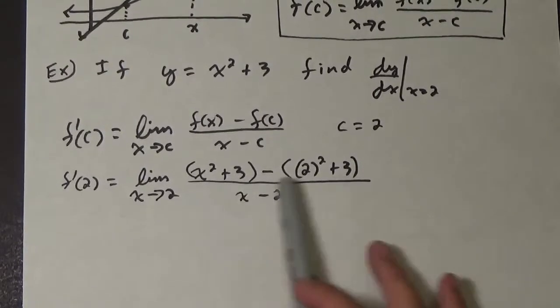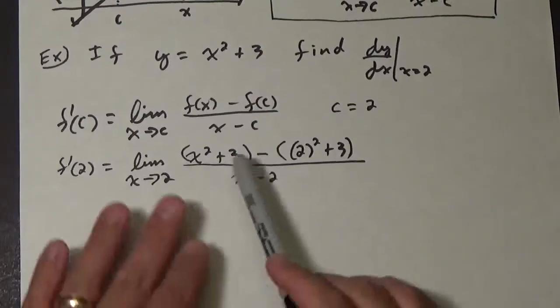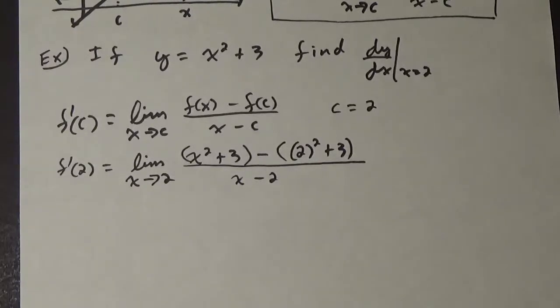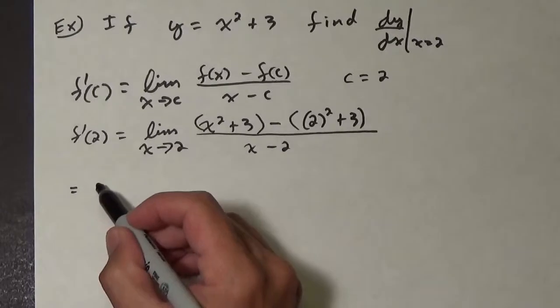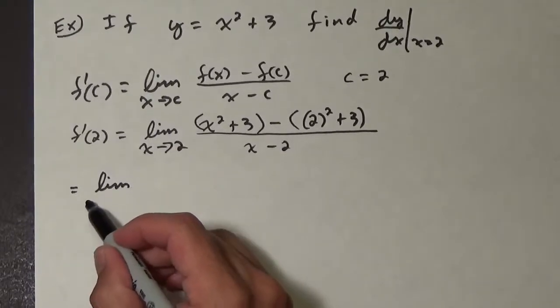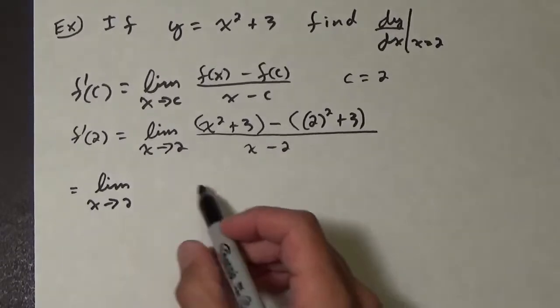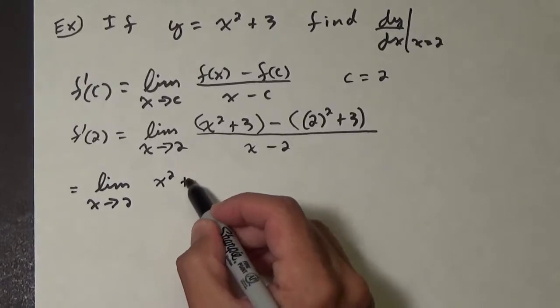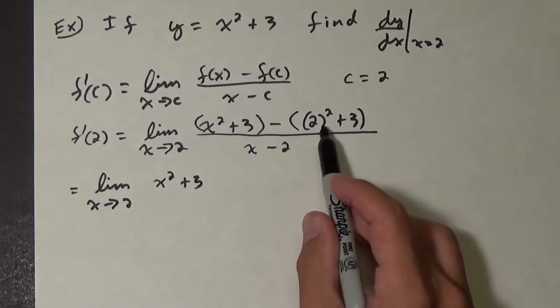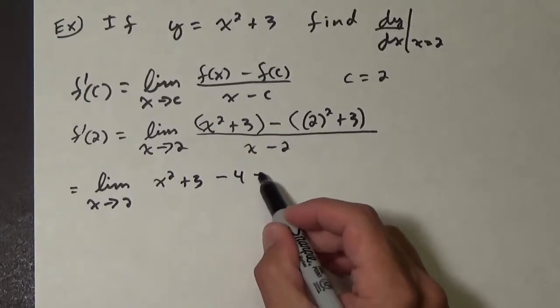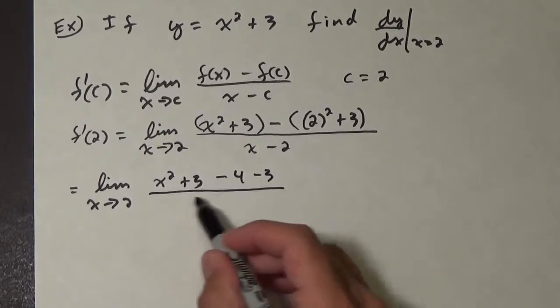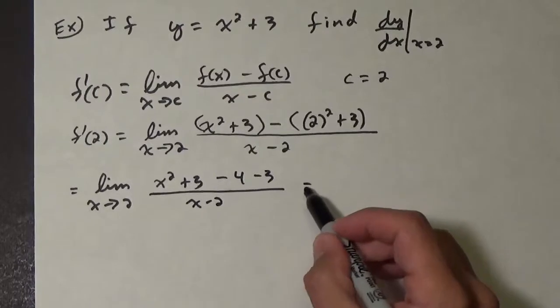and probably the best way is first to go ahead and distribute everything and combine like terms. So we're going to get the limit as x approaches 2 of x squared plus 3, take that to 4, so we get minus 4 minus 3 all over x minus 2.